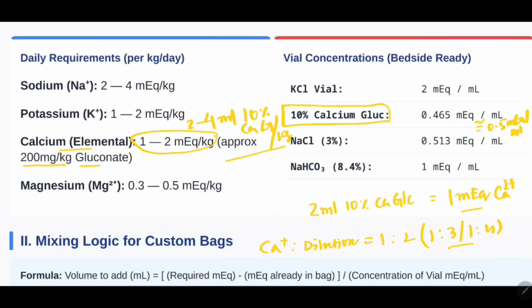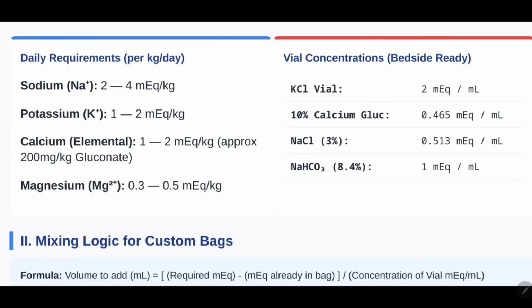So if you are giving 2 ml of calcium gluconate, then you have to add 4 ml of 5% or 10% dextrose to prepare the final solution, and give it as a slow infusion over 20 to 30 minutes. Monitor the heart rate: check the baseline heart rate, and during the infusion you have to keep monitoring it.